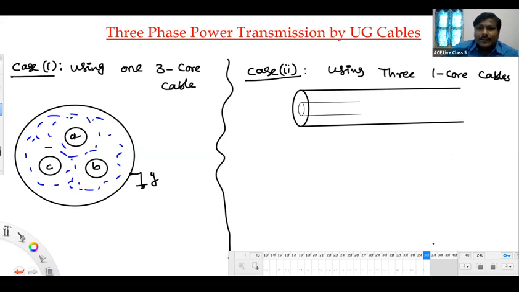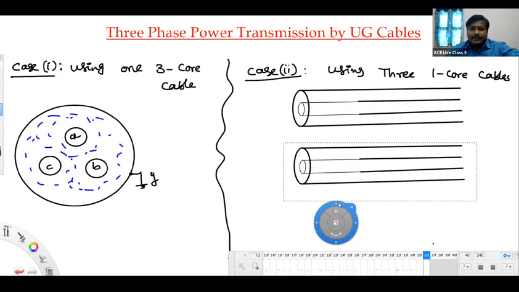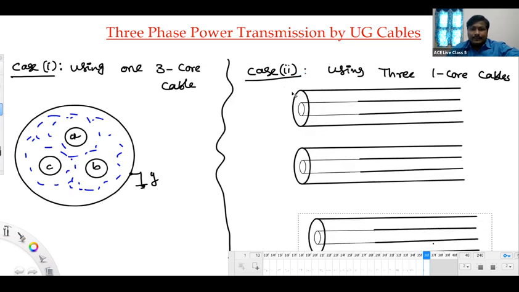Like this you can have one single-core cable, and like that we have three cables repeated: a cable corresponding to phase A, a cable corresponding to phase B, and a cable corresponding to phase C.